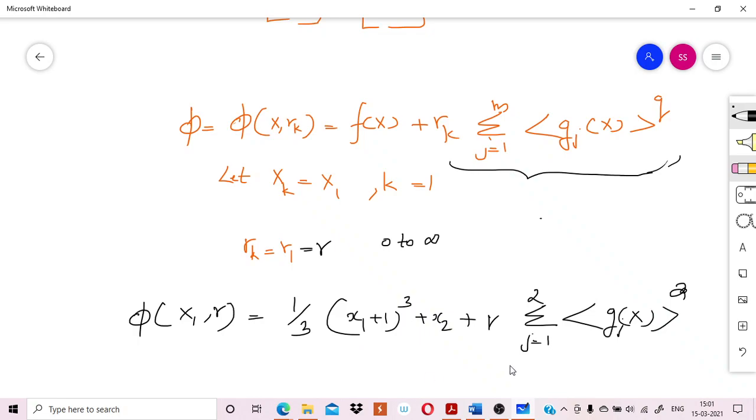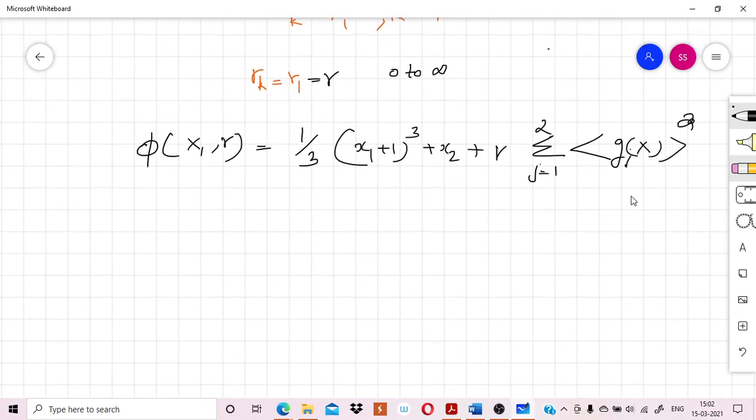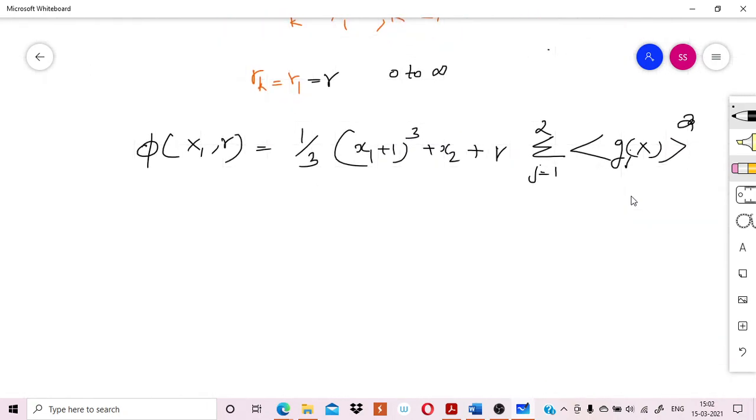And this gj of x in brackets is equal to the max of gj of x and 0.